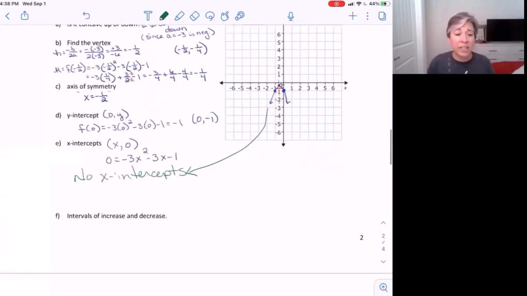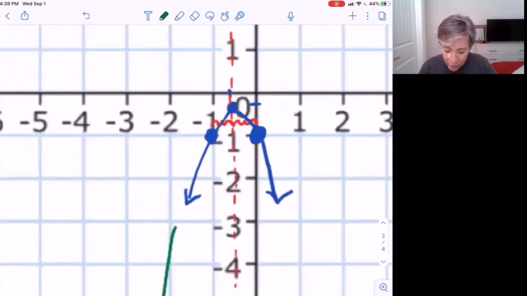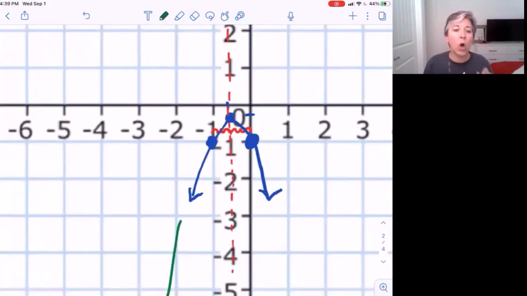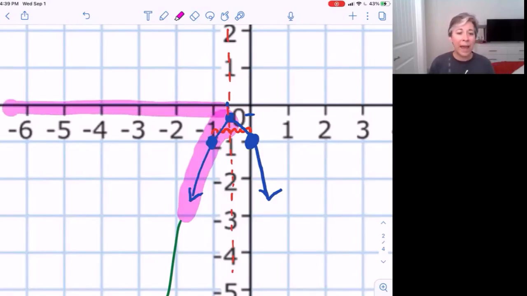And then the last question is intervals of increase and decrease. Again, remember, intervals of increase and decrease are only in terms of x values. Well, I know that this function here is increasing all the way up to that point right there. So that means all x values up to that negative 1/2 will give me increasing y values.